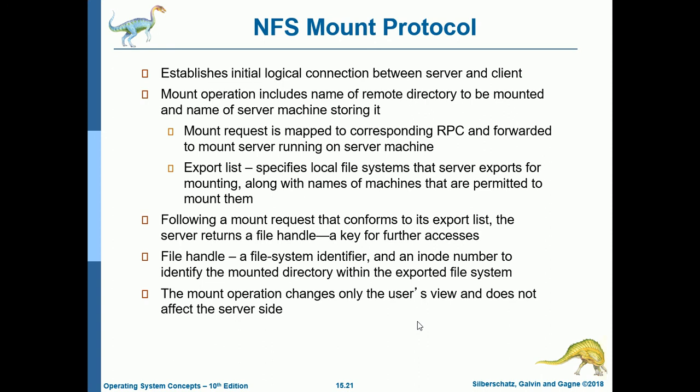The export list specifies the local file systems that the server exports for mounting, along with the names of machines that are permitted to mount them. Following a mount request that conforms to this export list, the server returns a file handle, a key for further accesses. This file handle is a file system identifier and an inode number to identify the mounted directory within the exported file system. The mount operation changes only the user's view and does not affect the server side.